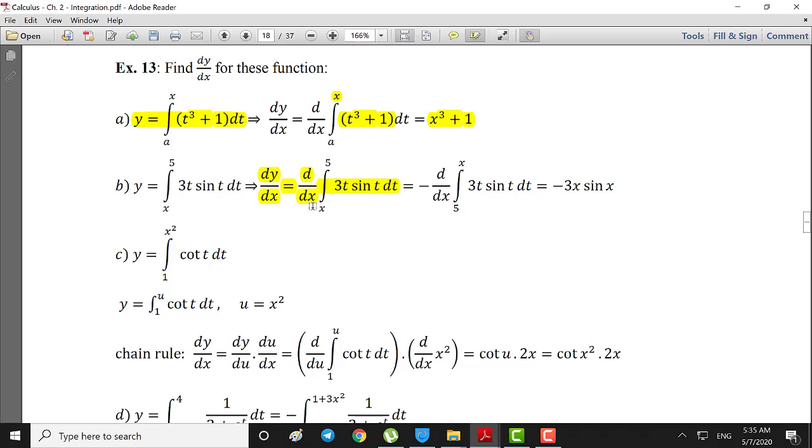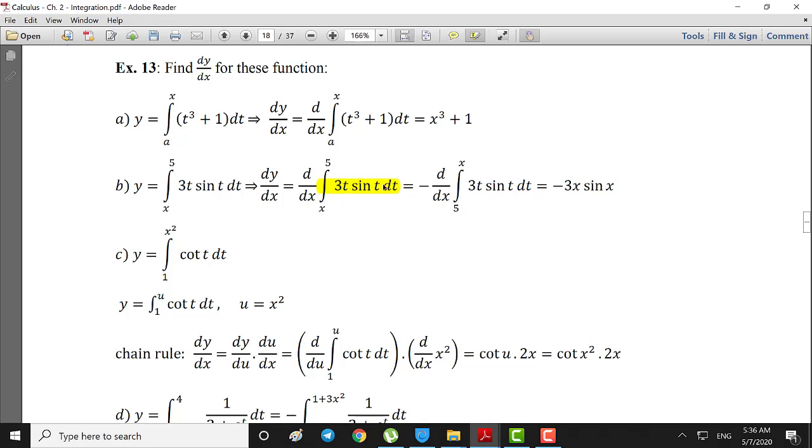Now, if we want to use the fundamental theorem of calculus part 1, we have to make some changes in this definite integral. Why? Because if you look at the theorem, the integral starts with a constant and ends at the variable. But here it is reversed. So we have to make some changes in this integral in order to be able to use this theorem, right?